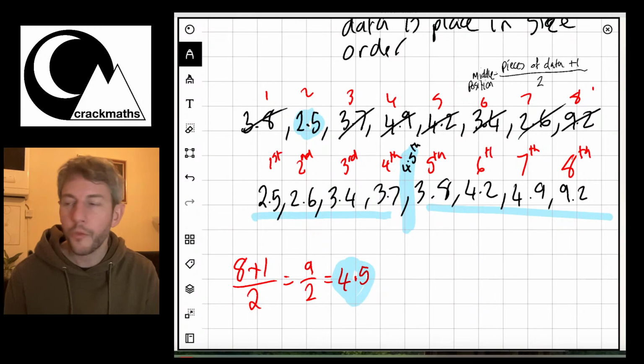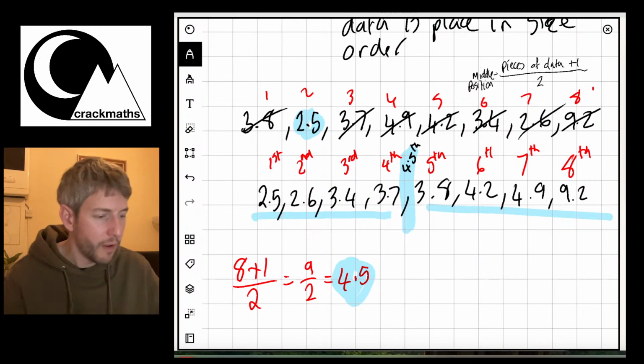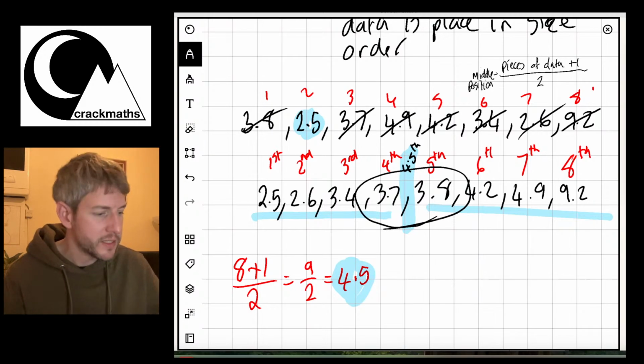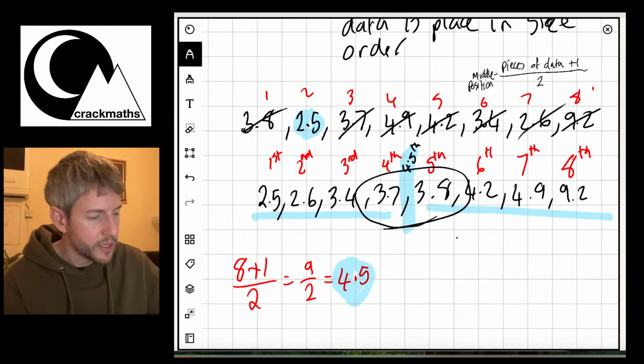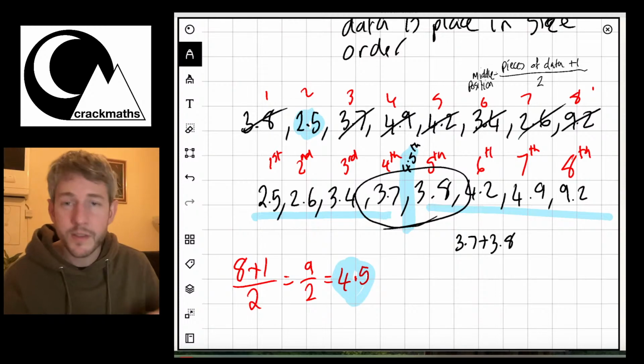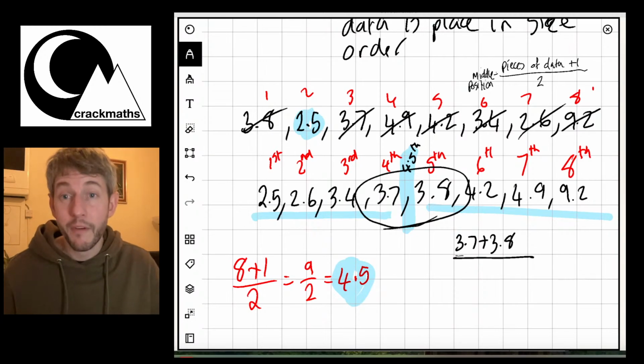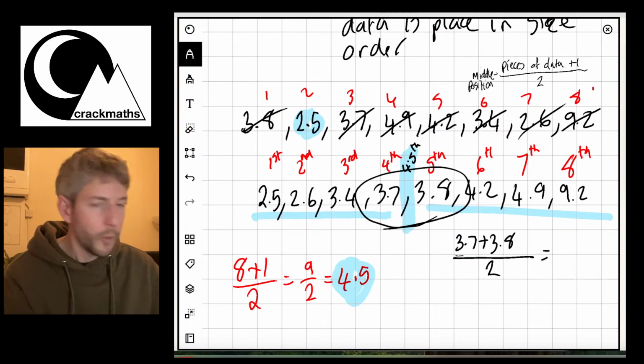The way that we do that is we find the mean of these two. So we find the average of these two. So we're going to do 3.7 add 3.8, so that's both of them added together, divided by how many of them there are, which is 2, and that will be our answer.